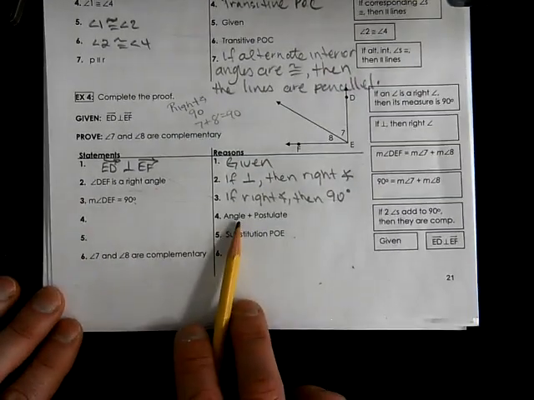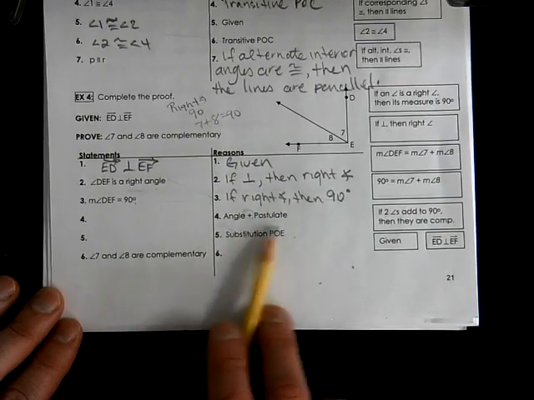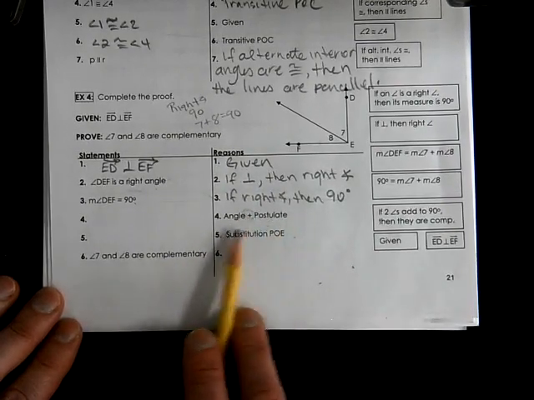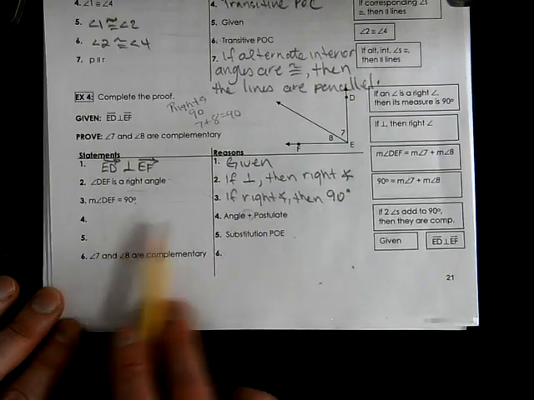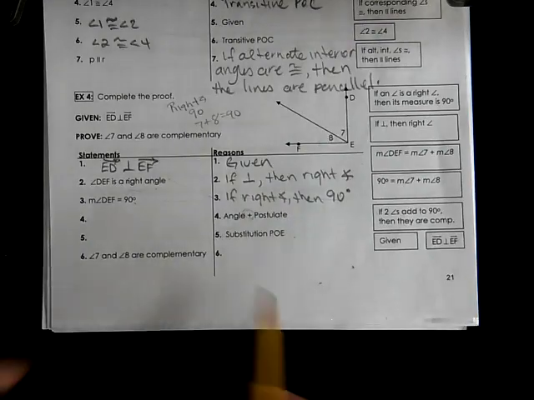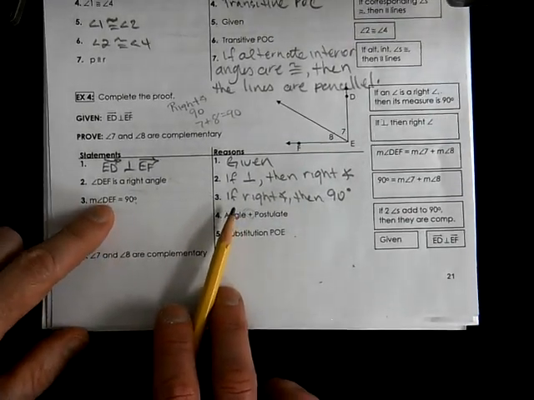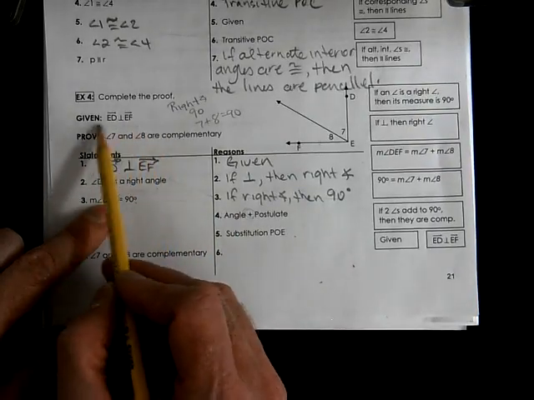So next we have angle addition postulate. I don't like their abbreviation of addition, but whatnot. Angle addition postulate. What are they talking about? Well, think about it. Where are we trying to go from here? Sometimes people get confused with proofs, but you've got to focus on where you're trying to get to.